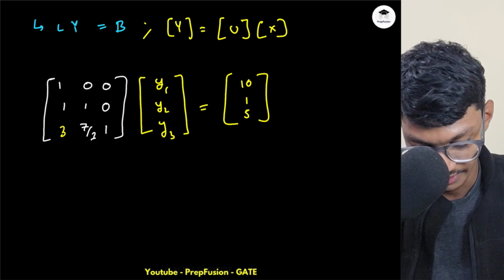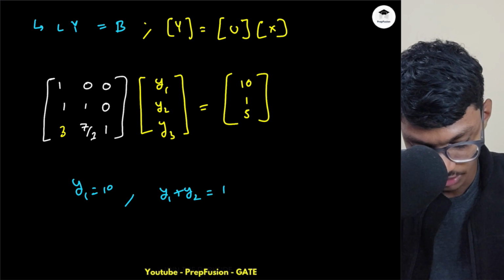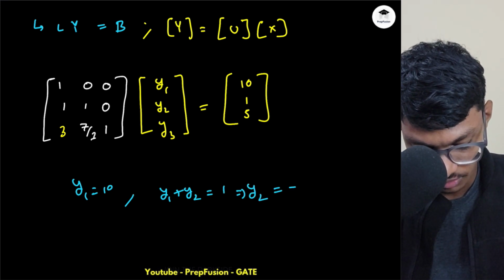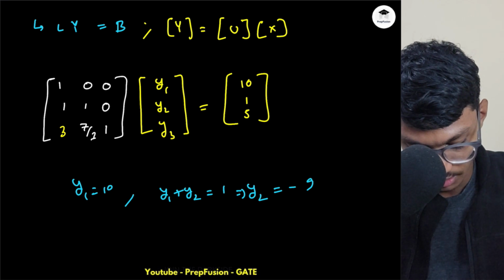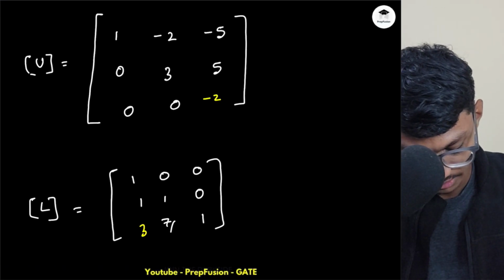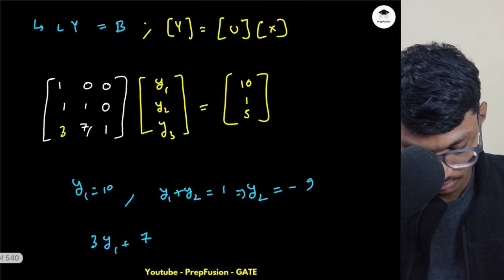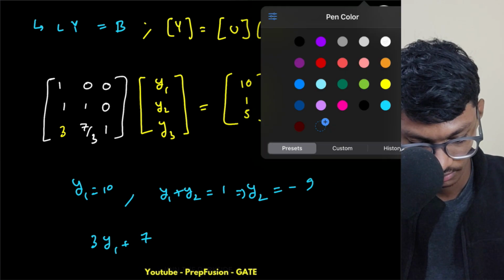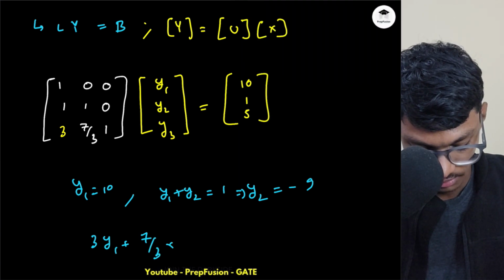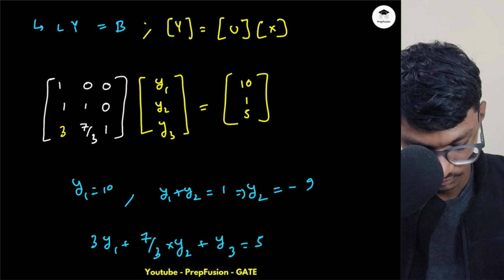So from here you can simply find y1 equals to 10. Now y1 plus y2 equals to 1, hence y2 will be equals to minus 9. Okay, and 3y1 plus 7 by 3, this is 3 actually, I am not writing it in a hurry, 7 by 3 into y2 plus y3 equals to 5.